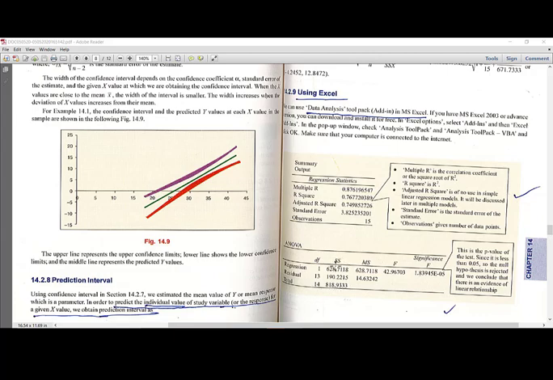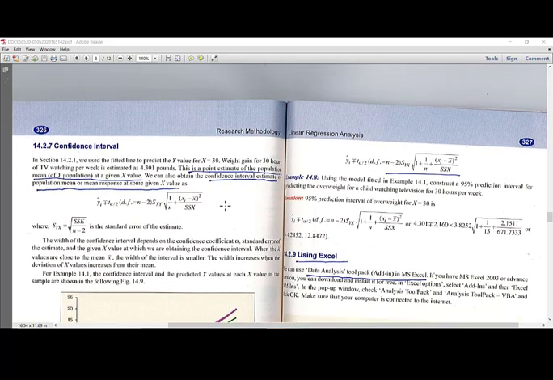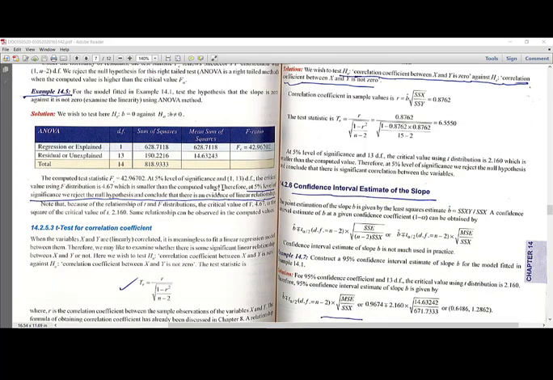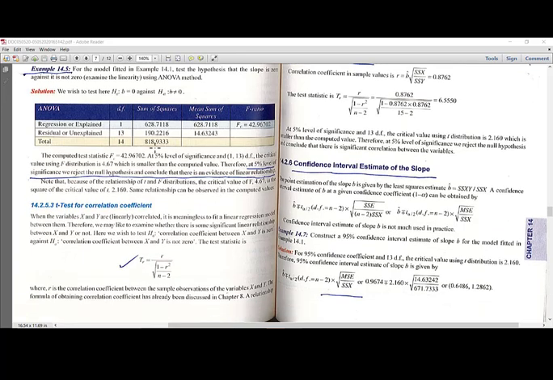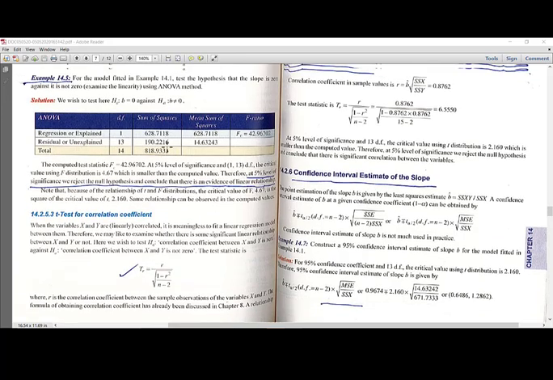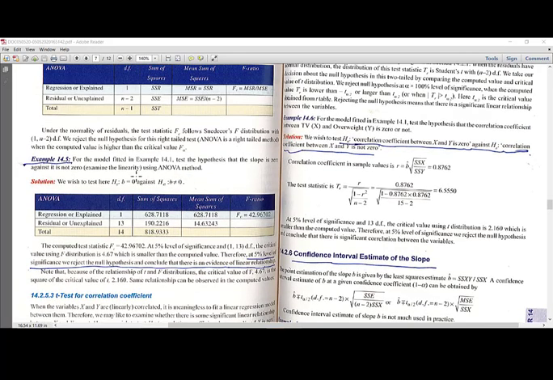And here SS values are written, MS values are written, and the F value is written. If you compare this with our F test, you can observe that it is nothing but this: regression SSR, residual SSE, total SST, and those values are 628 point something, 190 point something, and total 818 point something.